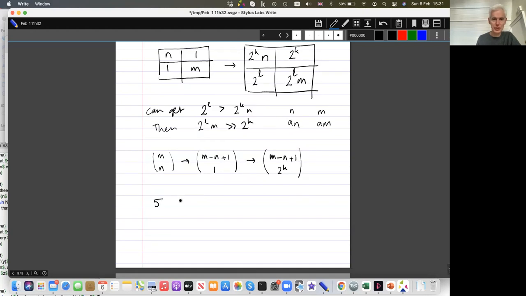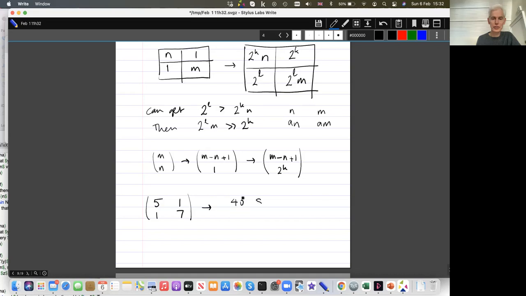So let's go for 5, 1, 1, 7. I'll write it in matrix form. So then I'll multiply one of them by something fairly big and the other one by something less big. So I'll multiply the top one by 8, let's say, so we get 40.